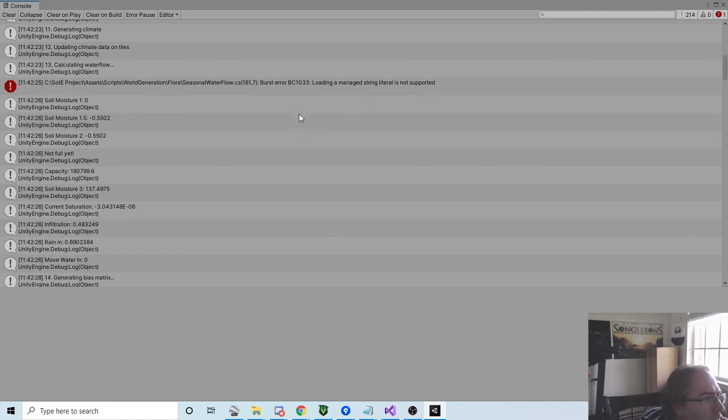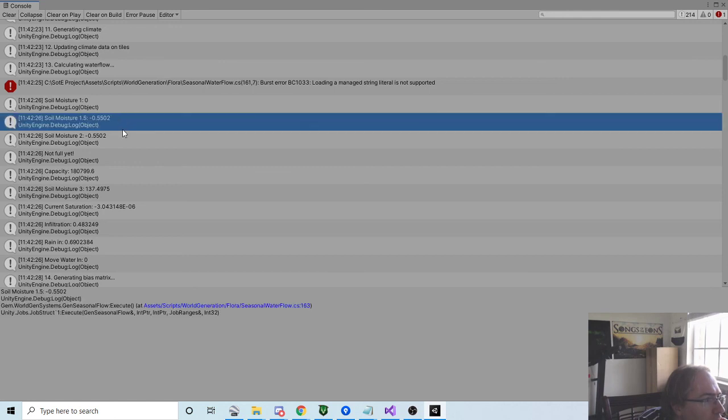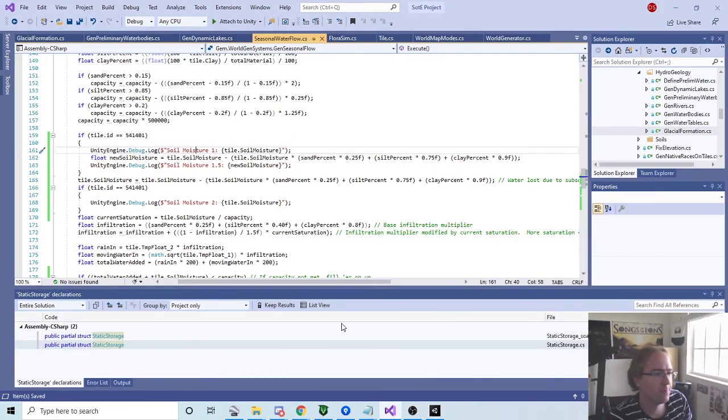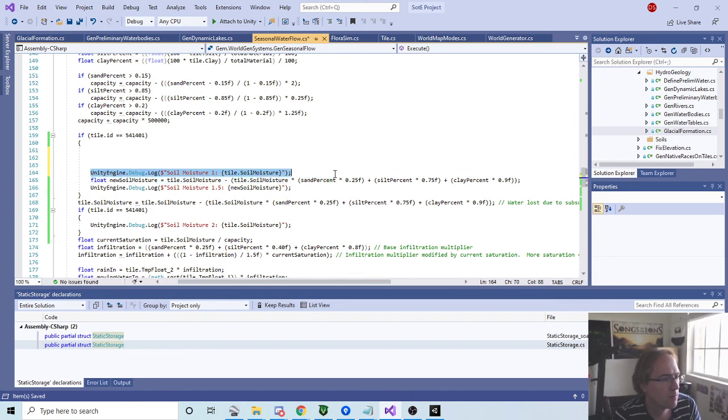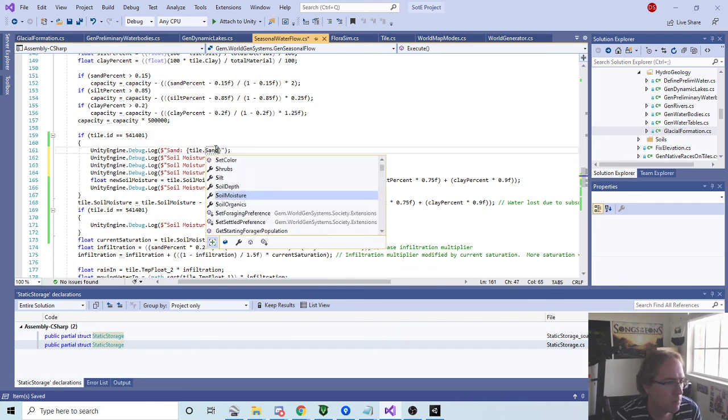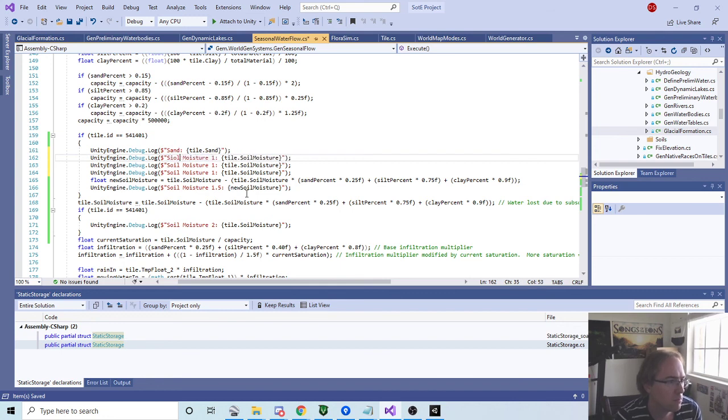Loading a managed string literal is not supported. And yet... Okay, what is going on here? Maybe clay percents.